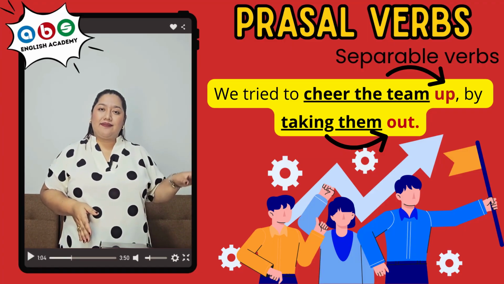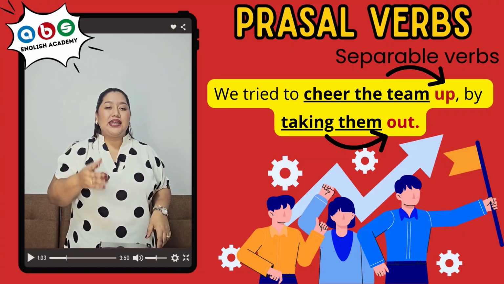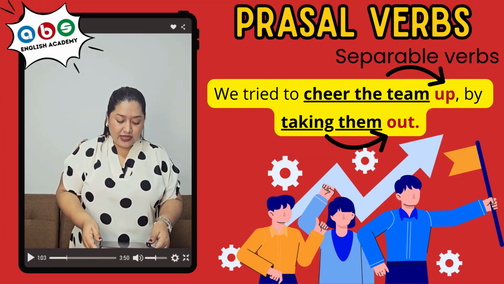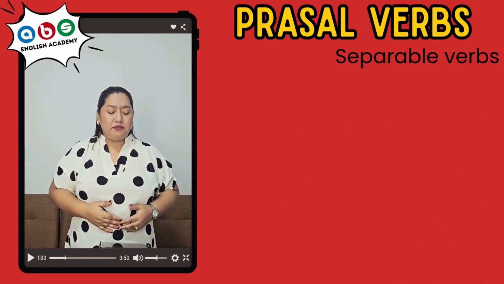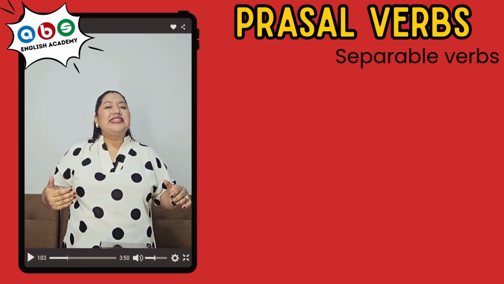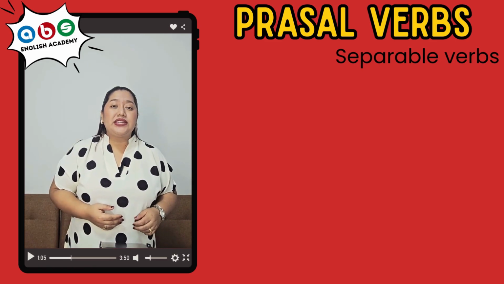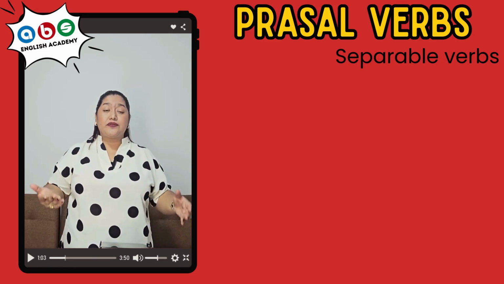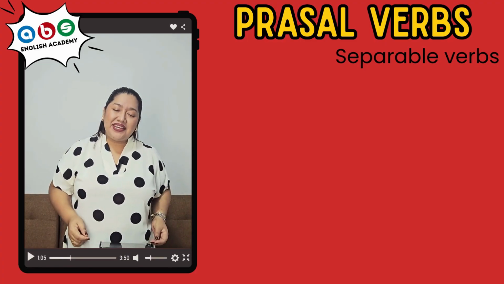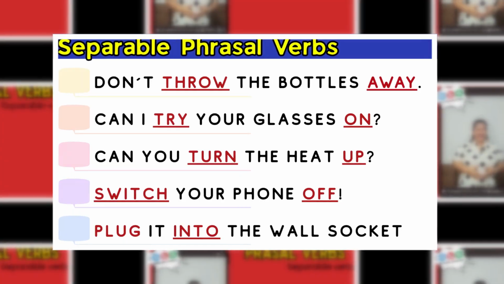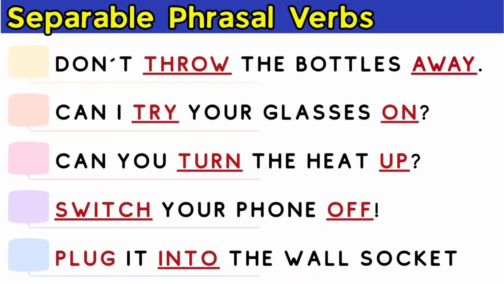You can place the object in between. And if you use an object pronoun like her, you must place it in the middle. Well, now let's see other examples using these separable phrasal verbs, just to memorize them easily and see them in context.